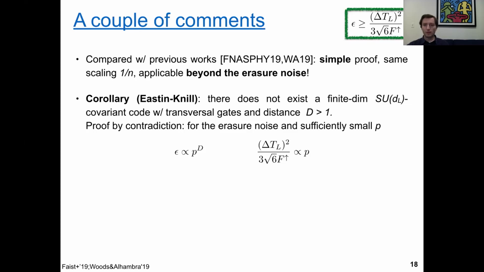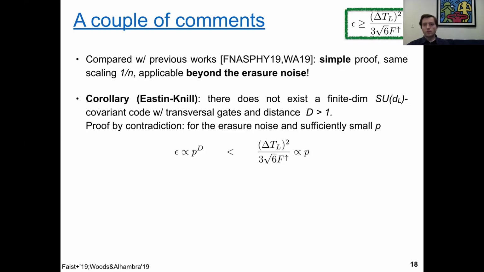However, from the metrological bound, we would know that this quantity, delta t squared over something like 3√6 f up, would scale as p.